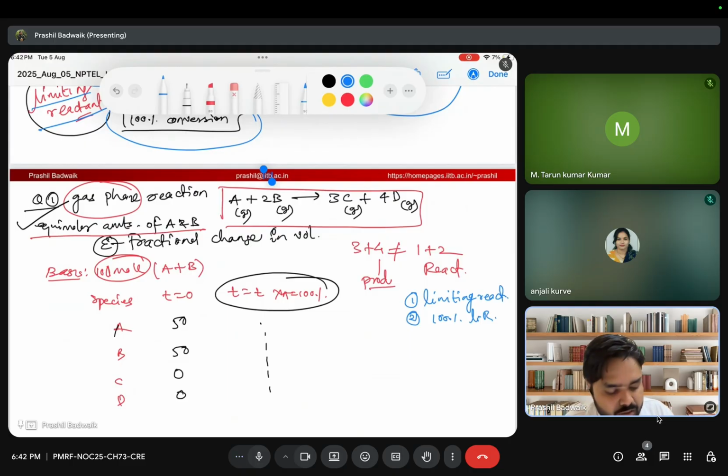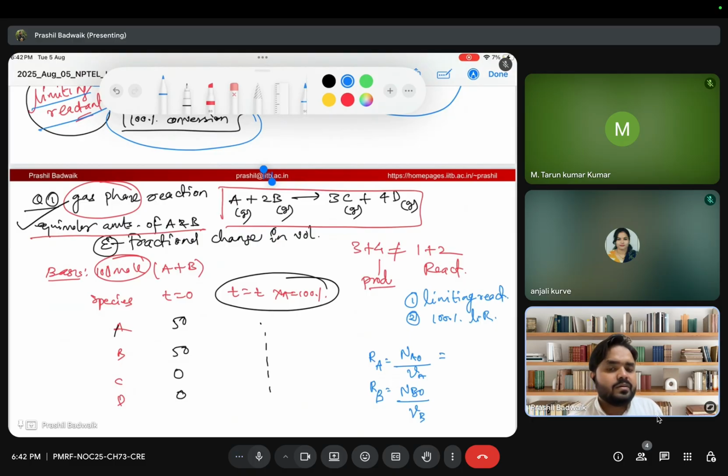That means I need to calculate ratio R1, ratio R2, for A and for B. We need to calculate number of moles of A at start divided by the stoichiometric coefficient of A, and number of moles of B at the start divided by the stoichiometric coefficient of B, right?